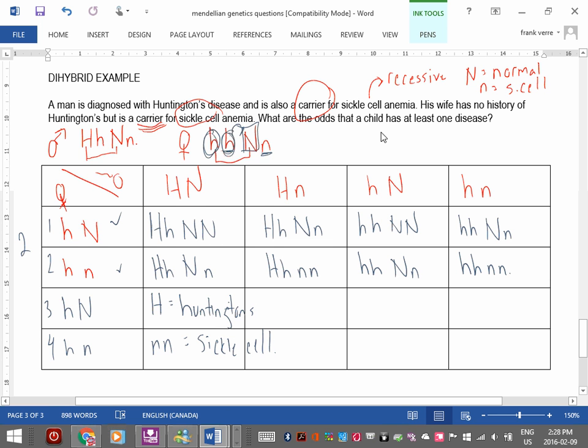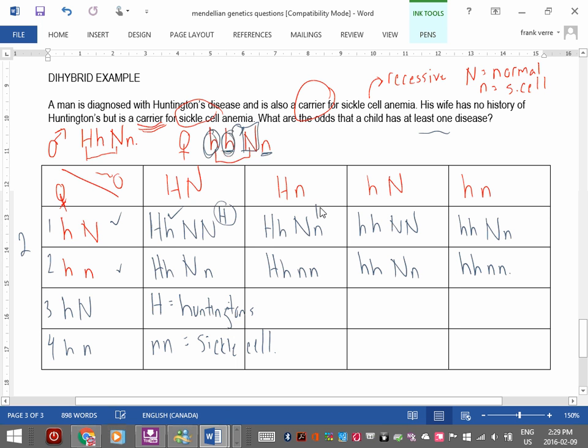So, the question is, what are the odds that a child will have at least one disease? So, does this person have a disease over here? They have Huntington's, but not sickle cell. But they have at least one disease. Yes. So this one has Huntington's disease, but not sickle cell.